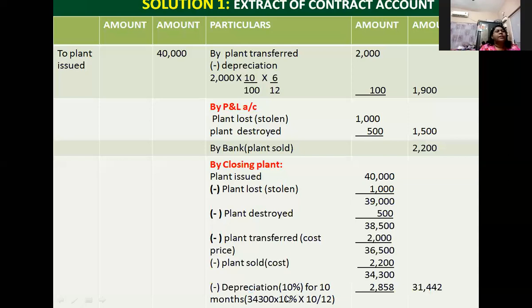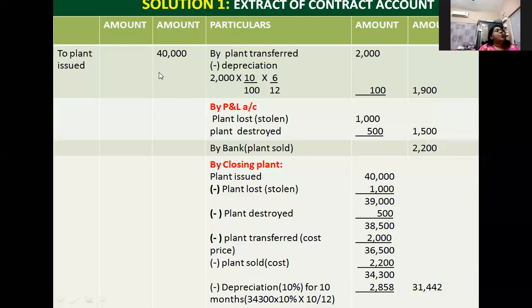On that, depreciation is 10% for 10 months, which is 2,858. So the balance, the closing value of the plant, we got as 31,442.